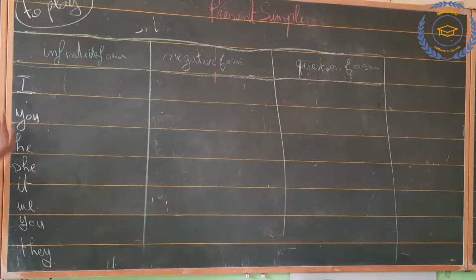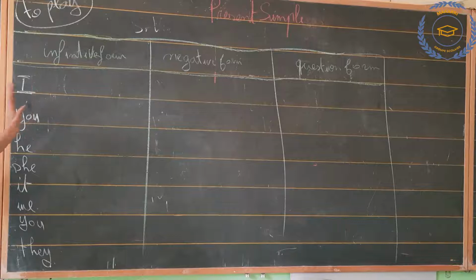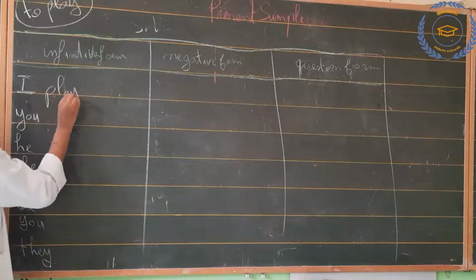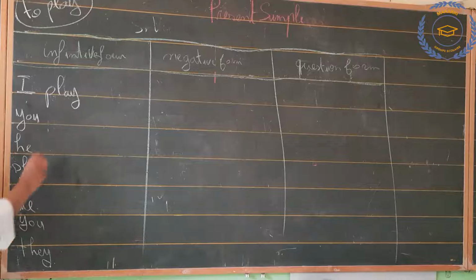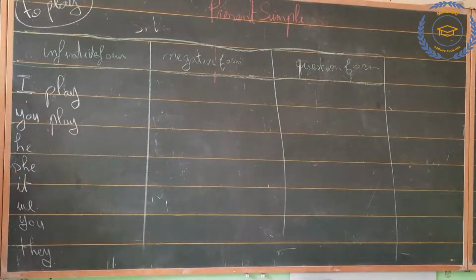We have here subject pronouns. We have to add the base form of the verb, the infinitive. Play. I play. You play. Subject plus the base form.